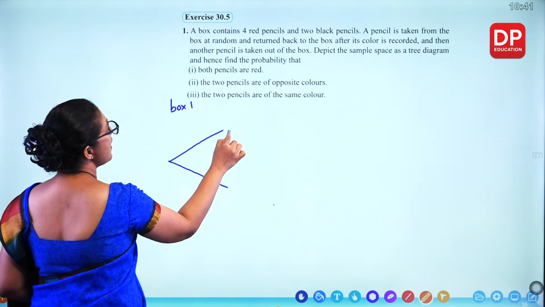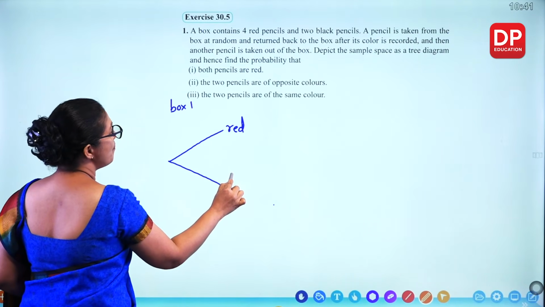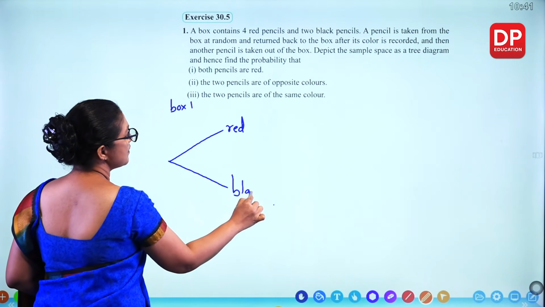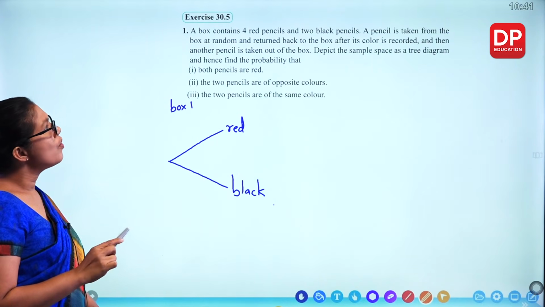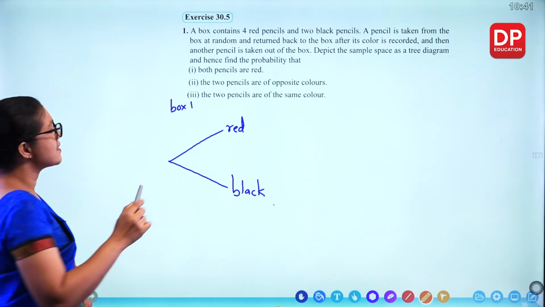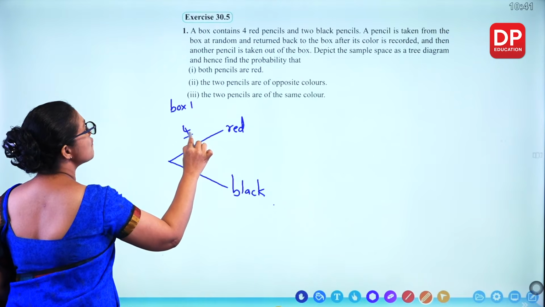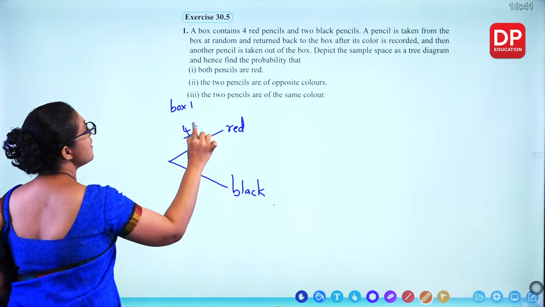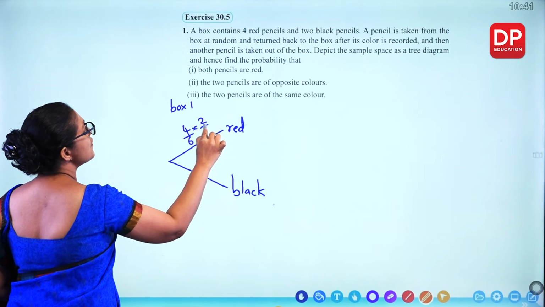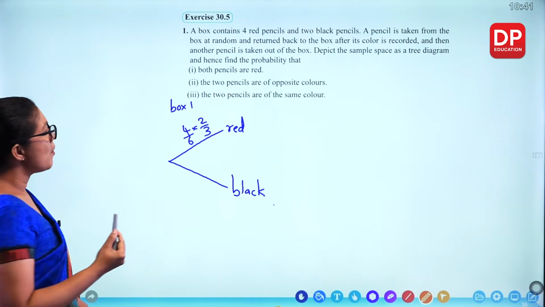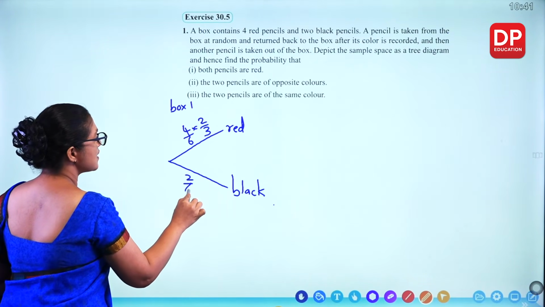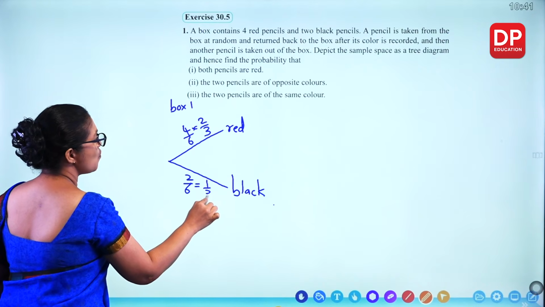You can get red or black pencils. How many red ones are there? 4. Altogether 6. The probability is 4/6, or I can write as 2/3. Black ones, 2 black ones out of 6. I can write as 1/3.